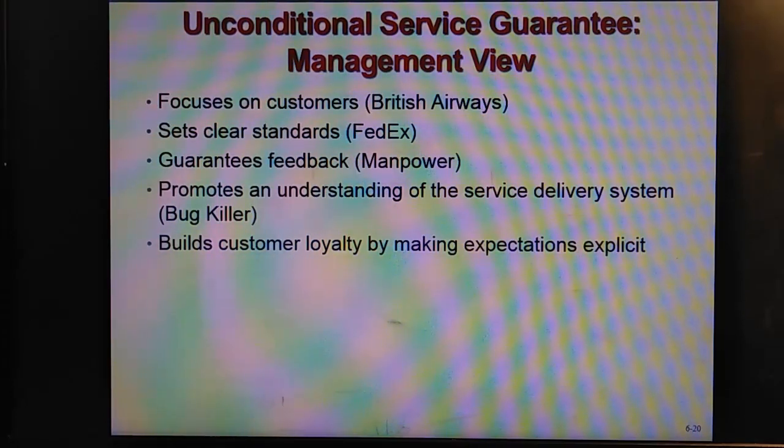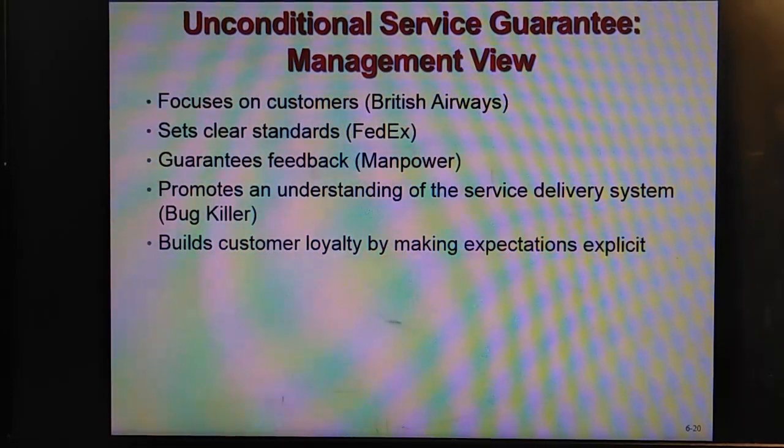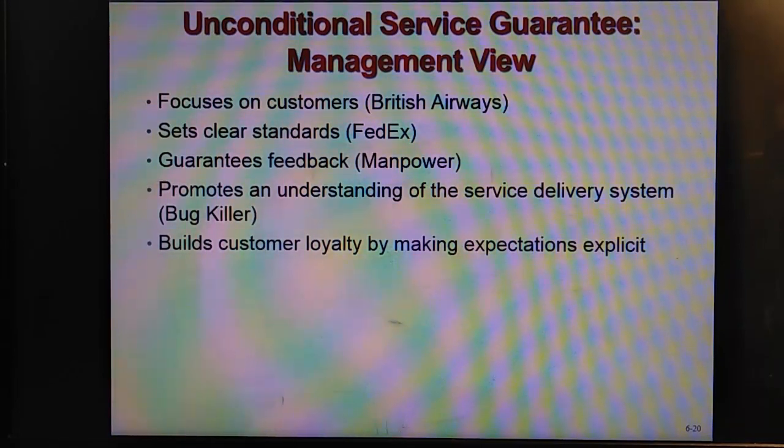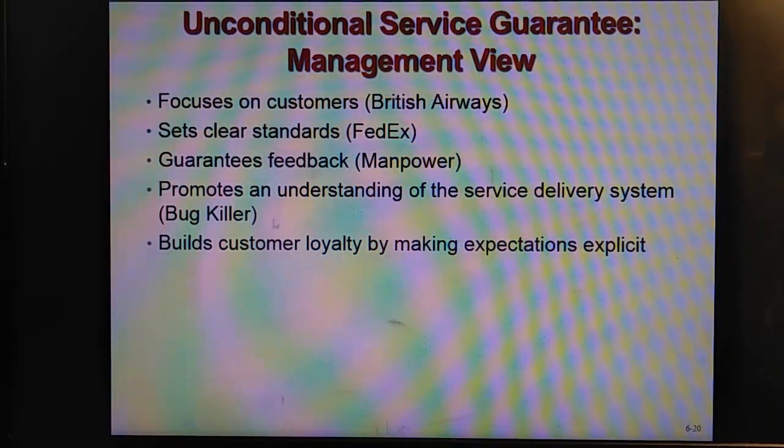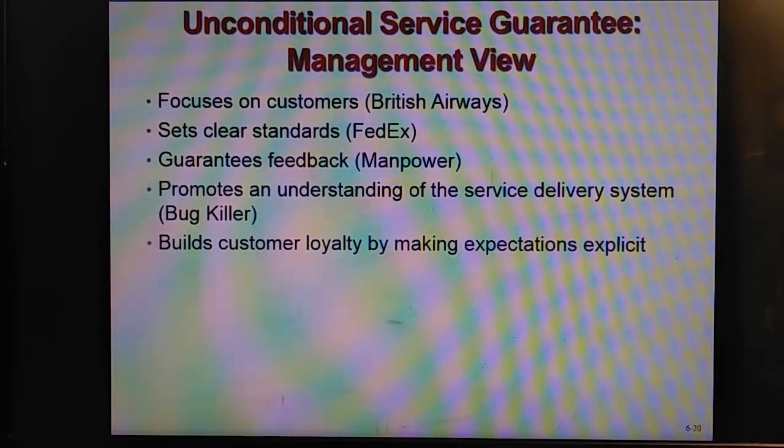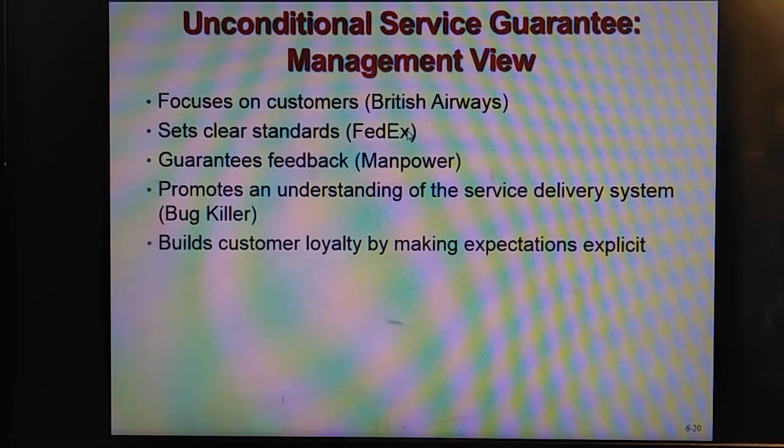And a few other examples from well-known companies. For example, Federal Express, the delivery courier company, sets clear standards, like 10 days delivery service, next day delivery service, and so on. So these are part of the unconditional guarantee by the management, so that the customer is always satisfied.